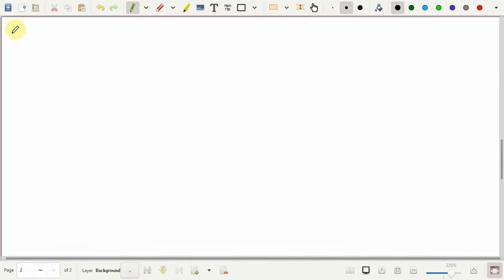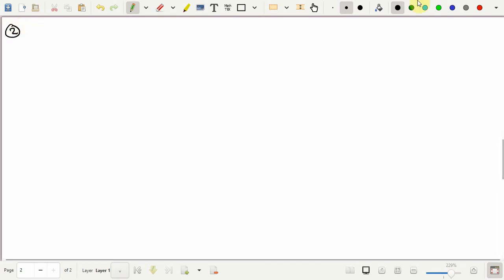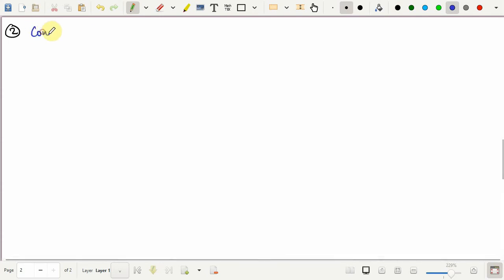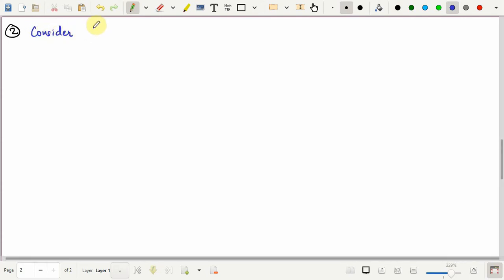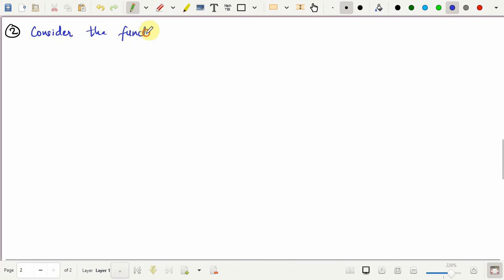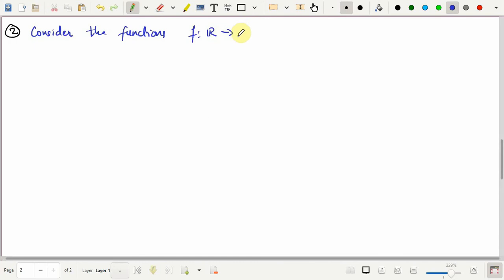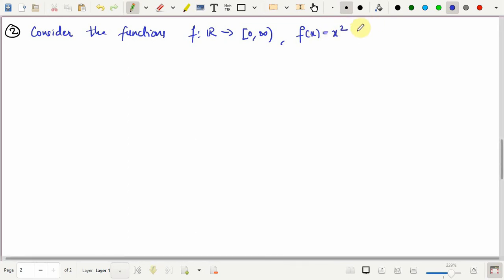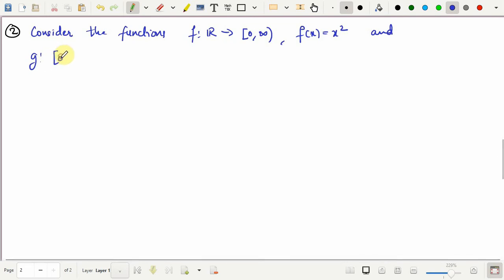Let's consider one more problem. Consider the functions f from R to 0 comma infinity, defined by f of x is equal to x square, and g from 0 comma infinity to R defined by g of x is equal to root of x.